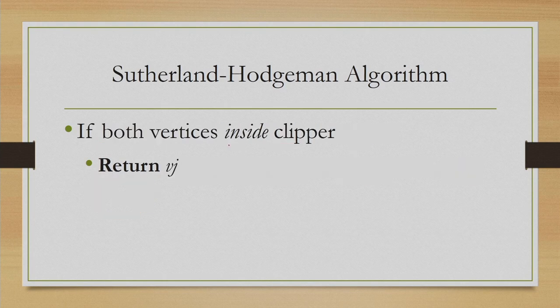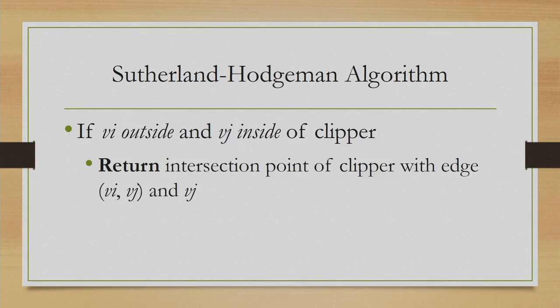If both vertices are inside the clipper, then we return Vj. If Vi is outside and Vj is inside of the clipper, then we return two things: the intersection point of the clipper with the edge represented by the pair Vi, Vj, and also Vj.